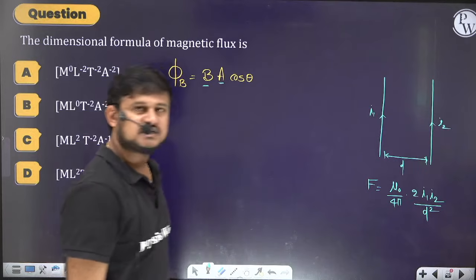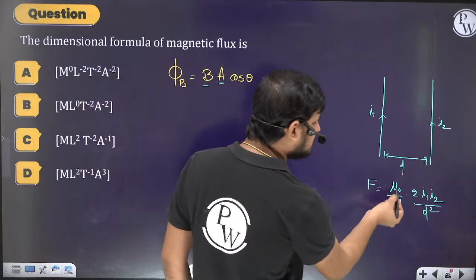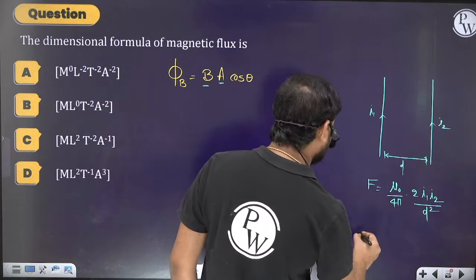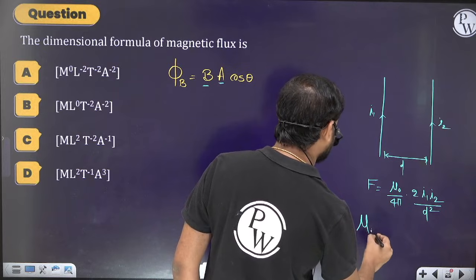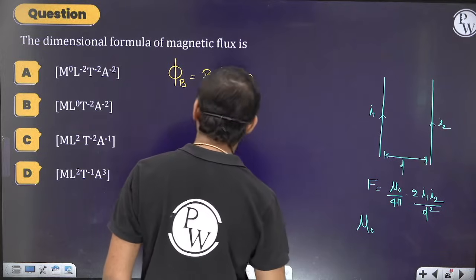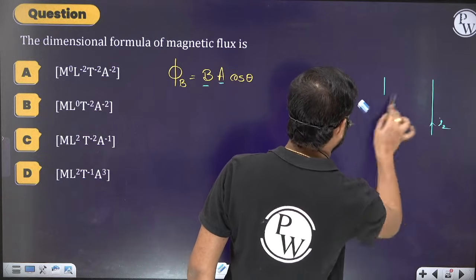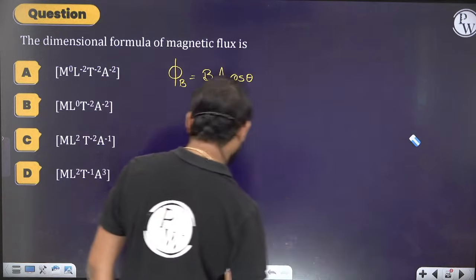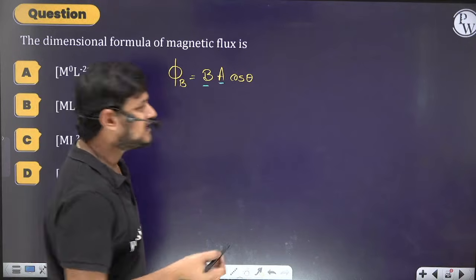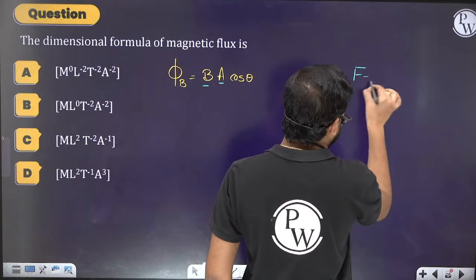Now from here you have to find mu naught. Sorry, we need B. My bad guys, very sorry. I thought of mu naught, the magnetic permeability. So to get B, just use this formula.